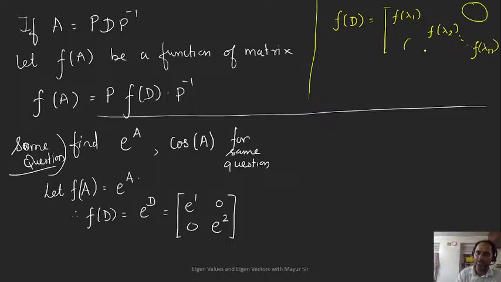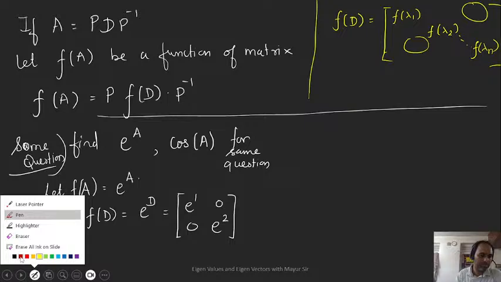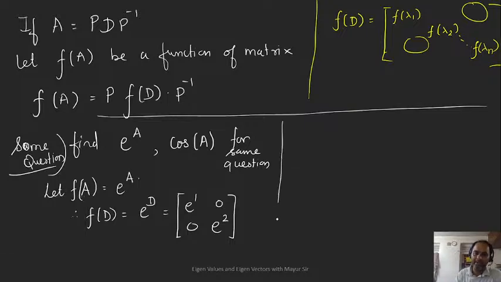In the rest of the places you have your matrix the way it is, only the diagonal is affected. Okay, so now if I want to find e to the power A, so e to the power A is here.